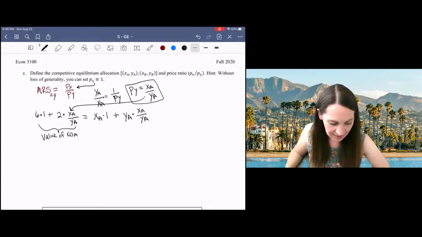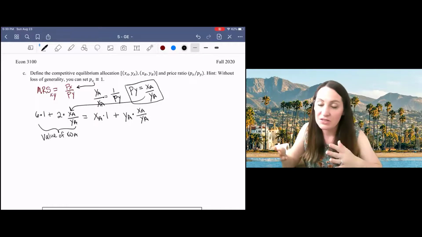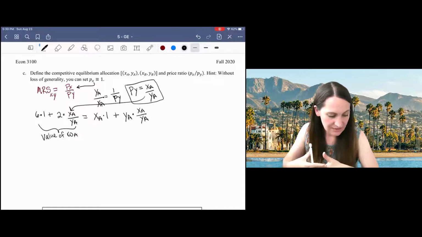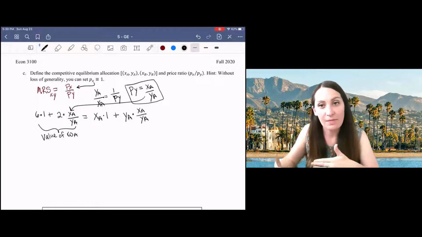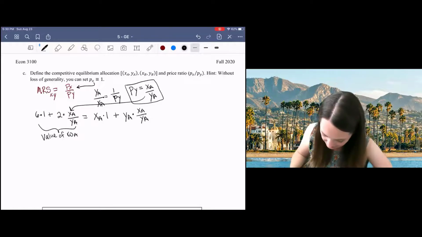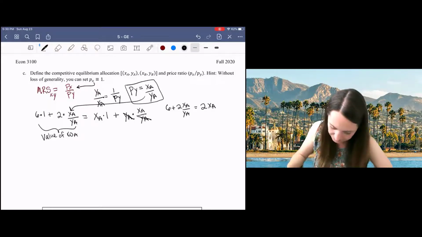So now what we have is an equation with just XA and YA. And what we'd like to do is simplify that equation and then combine it with our contract curve in order to solve for the competitive equilibrium values for XA and YA. All right, so I've got this canceling out. I've got 6 plus 2XA over YA equals 2XA.